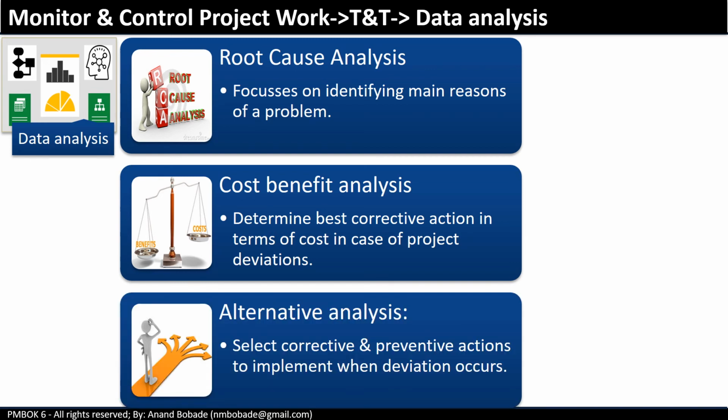Alternative analysis helps select corrective and preventive actions to implement when a deviation occurs. Lot of times when you analyze, you might have multiple options. Those alternatives, multiple options, will give an opportunity for a senior stakeholder to choose among them based upon, of course, again maybe the cost and benefit.